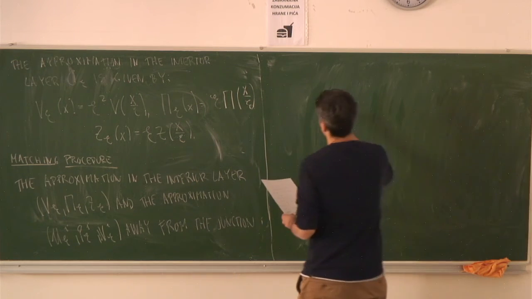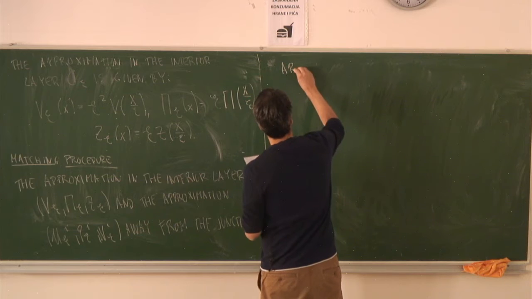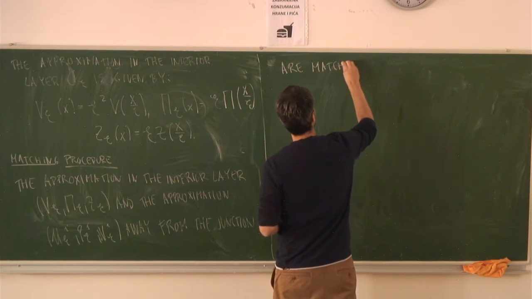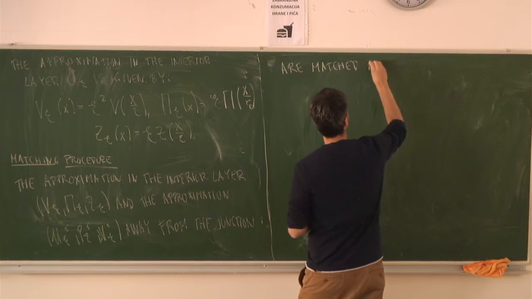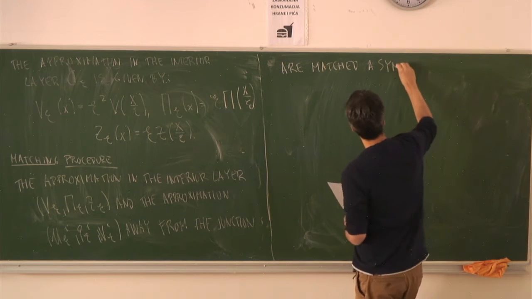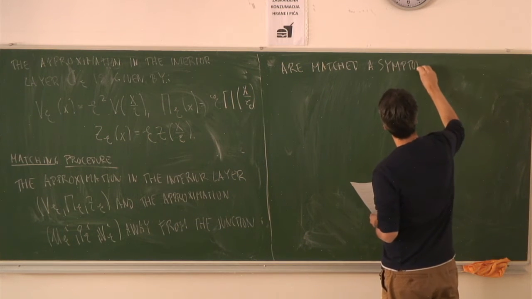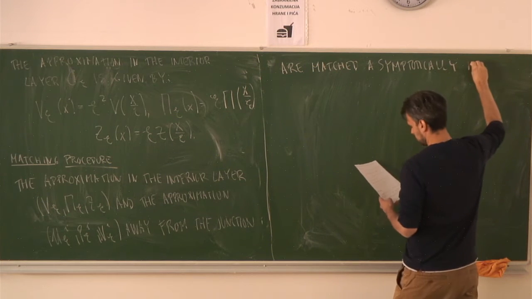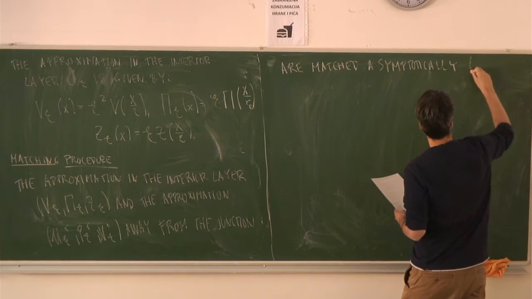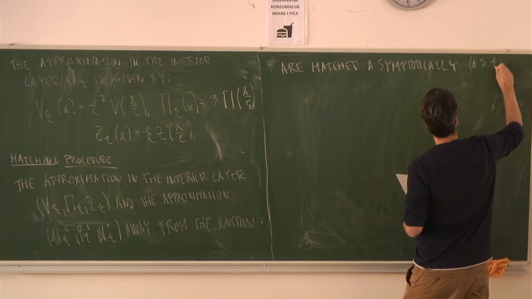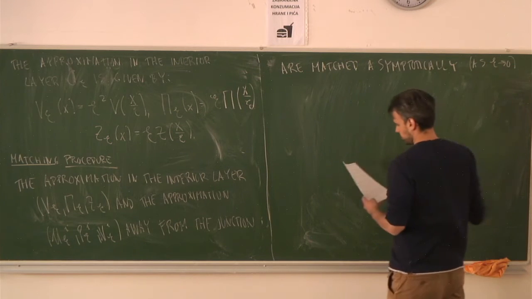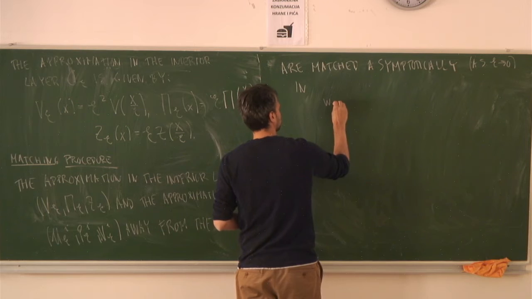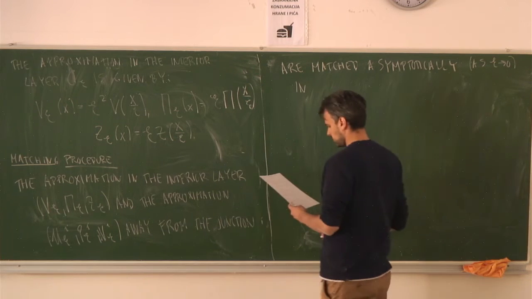They are matched, of course, asymptotically. So this means, of course, that as epsilon goes to 0, and I'll denote it by small v epsilon.